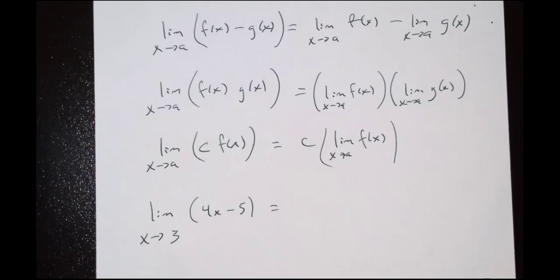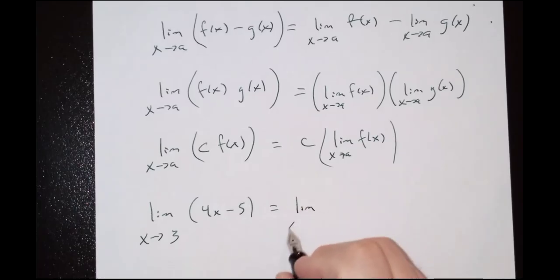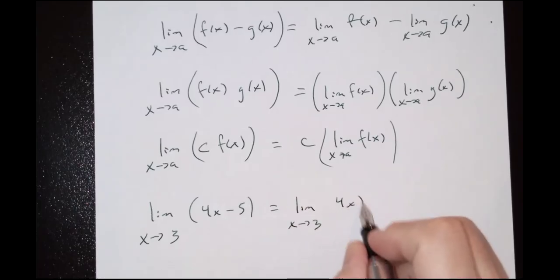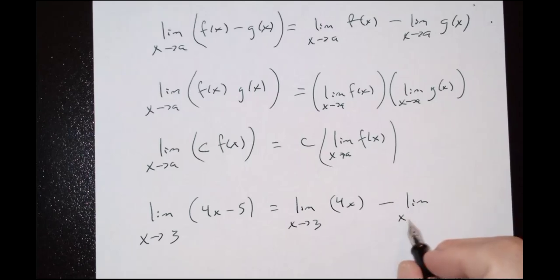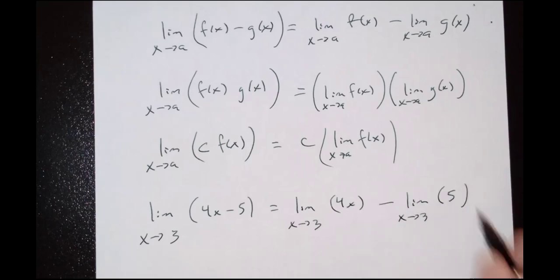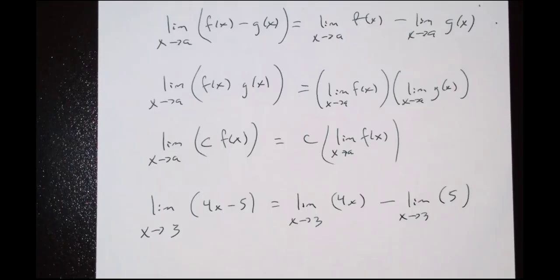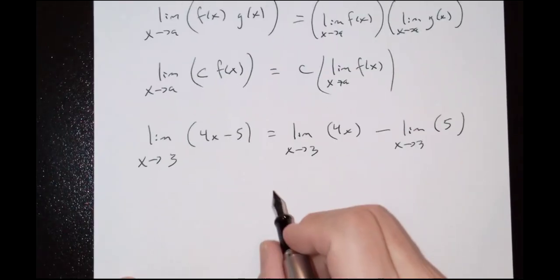What algebraic operations do I do? Well, I plug in the number, I multiply by the 4, I subtract the 5. Let's work the limit laws backwards. The last thing I said I was going to do was subtract. So I'm going to split the subtraction apart. I was going to multiply by the 4. So I'll split the multiplication apart and I'll use this version right here.